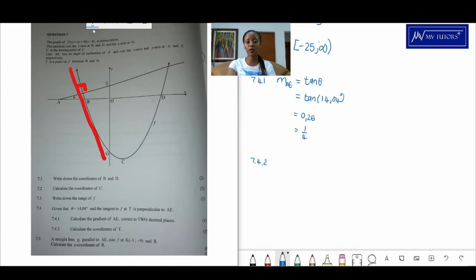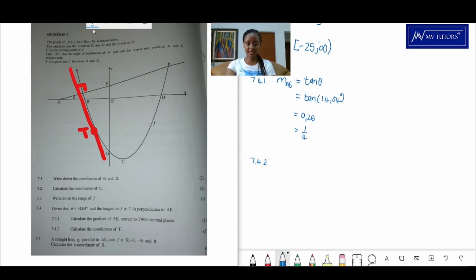Because if we had the tangent equation, we would equate it to the parabolic equation, the quadratic equation, and where T is would be the common point, and we'd calculate the coordinates. But this is not the case. We don't have that much information.